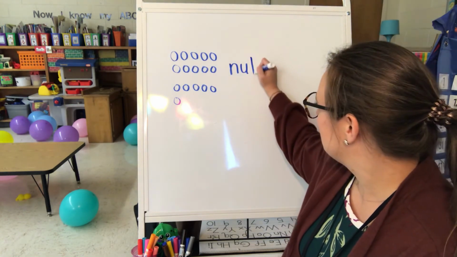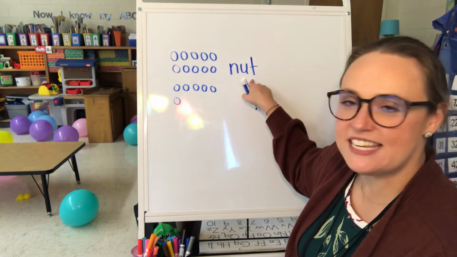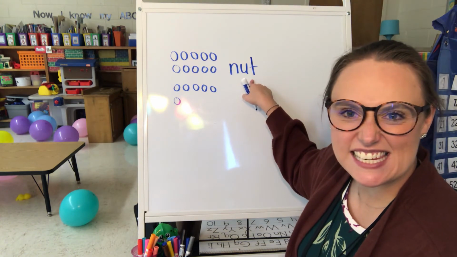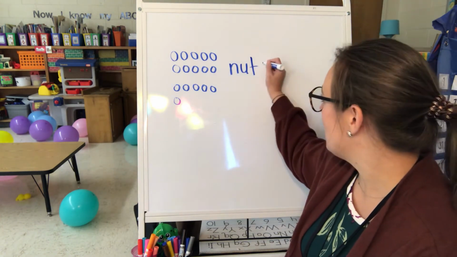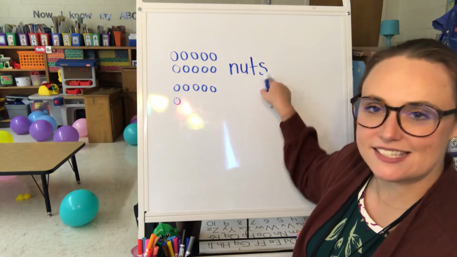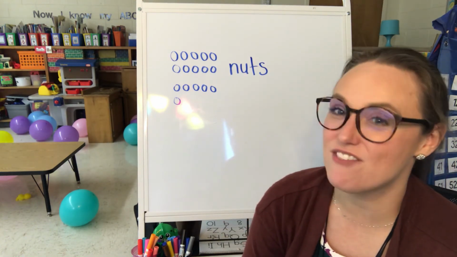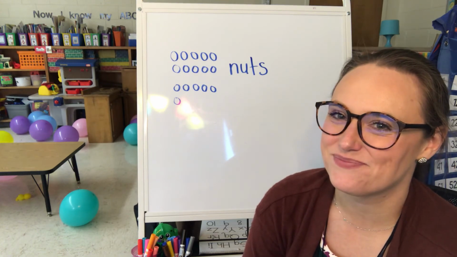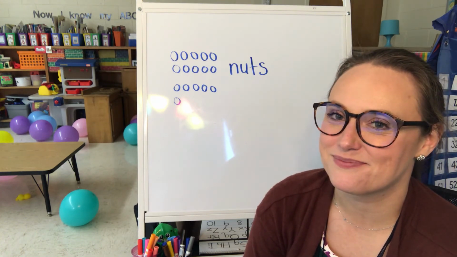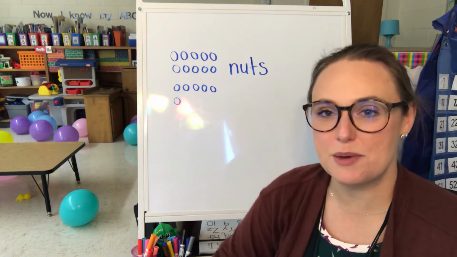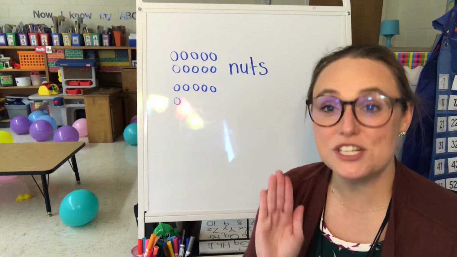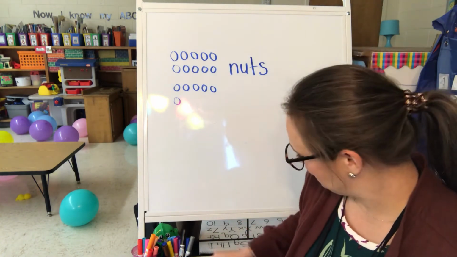T. S. Good job. Nuts. Please write that on your paper if you haven't already. Great job, friends. Remember, if you need more time, you can always pause the video.